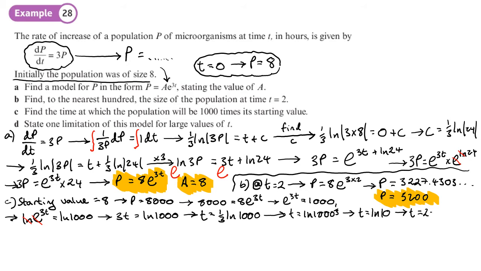So t is 2.30. Now what does it say? Find the time. It doesn't say the form. So that's 3 significant figures, and it's hours. So 2.30 hours. Now if we change that to hours and minutes, that will be 2 hours. If I take away 2, what's left, times it by 60.